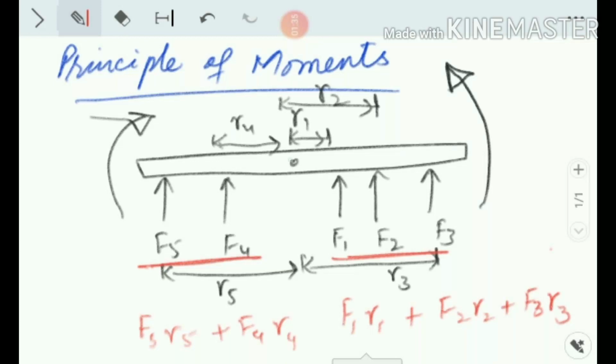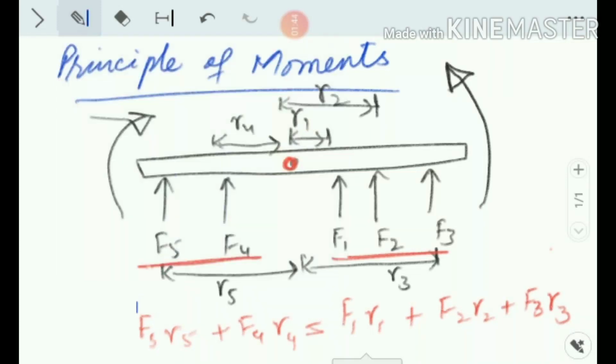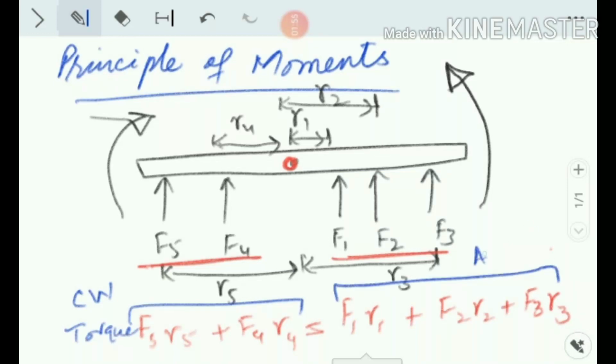And for the body to be balanced at this point, they both have to be equal. This is clockwise torque, and this is total anti-clockwise torque or counterclockwise torque.